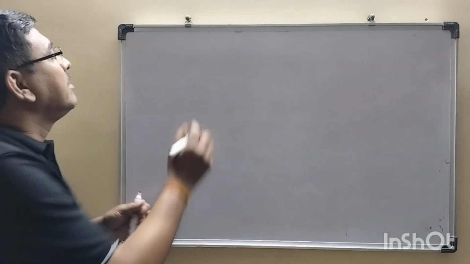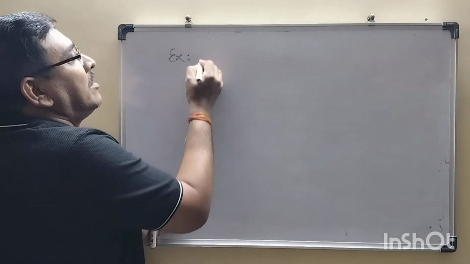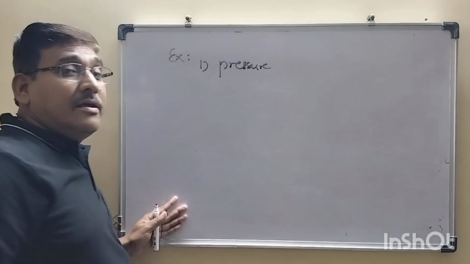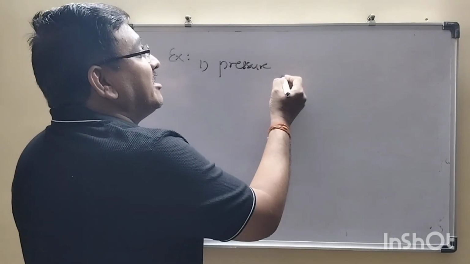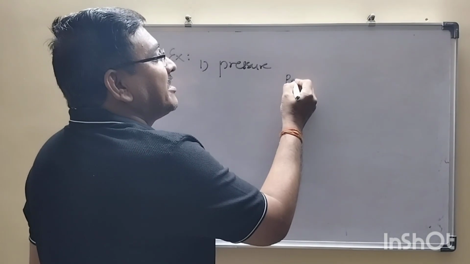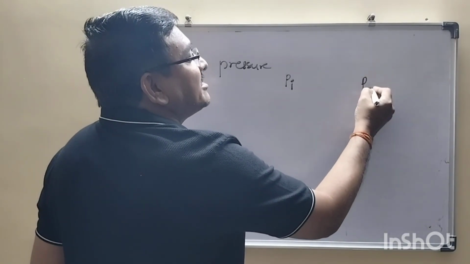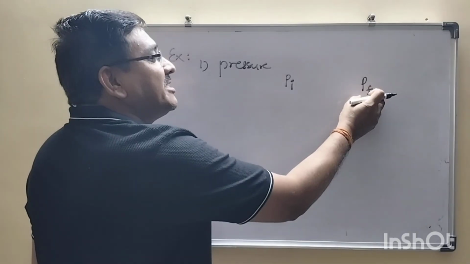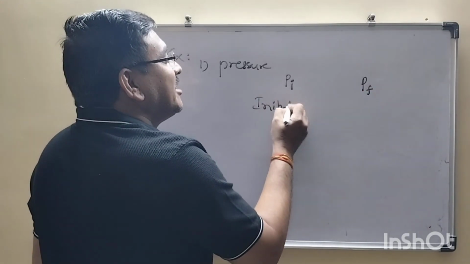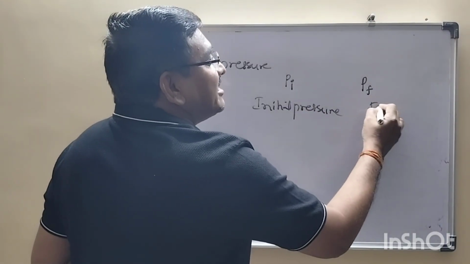Examples of state functions. Number 1, pressure. The initial pressure is P1 or Pi, and the final pressure is Pf.